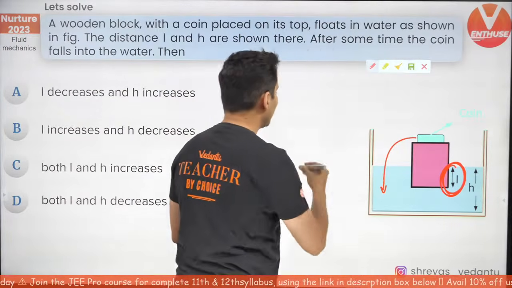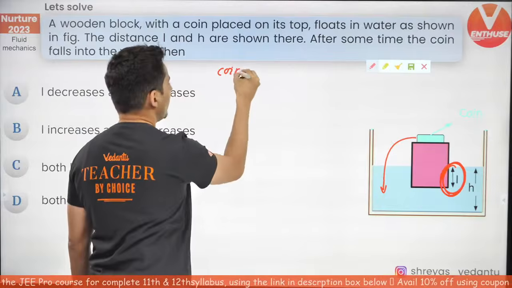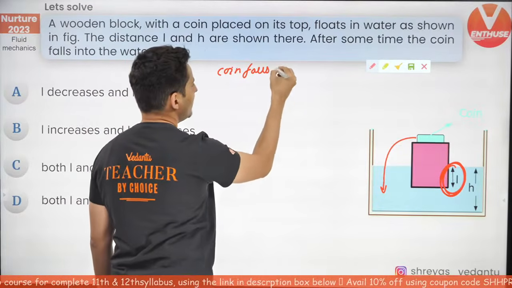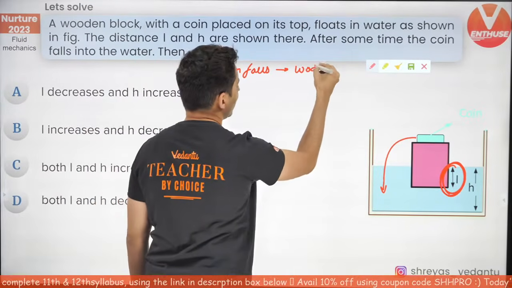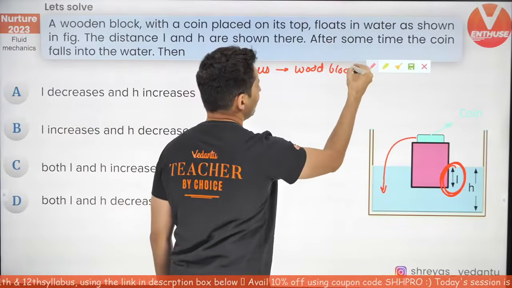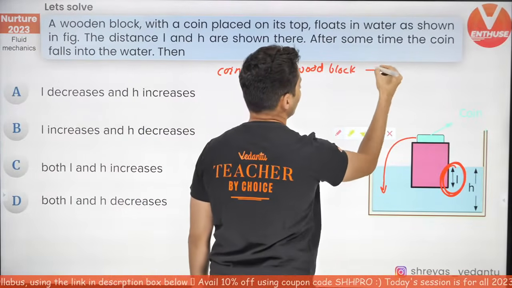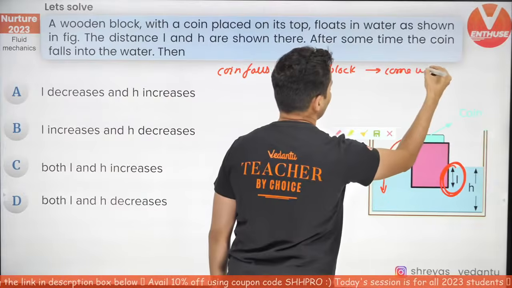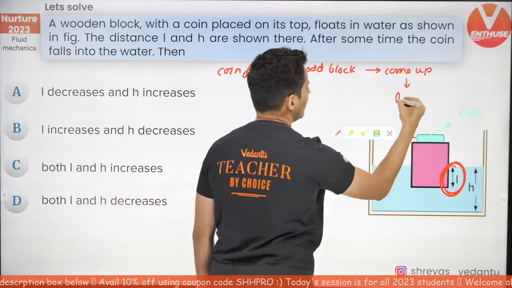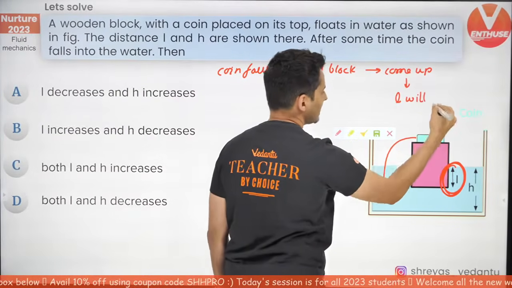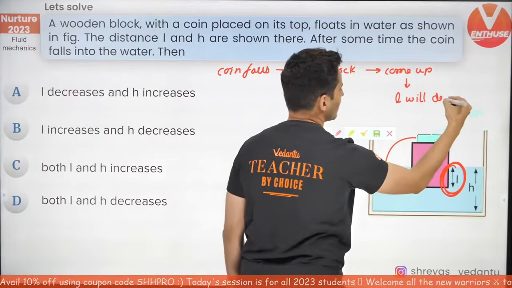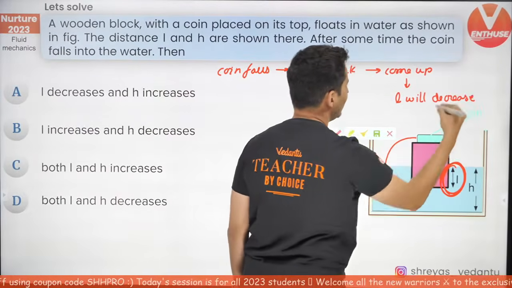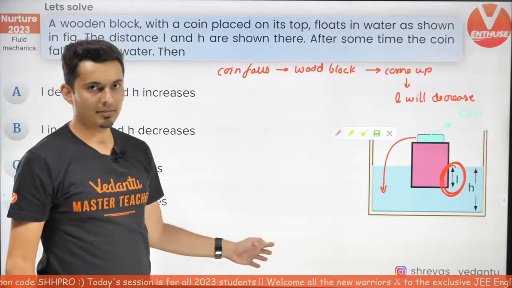It will definitely come up, and the moment it comes up, this length will decrease for sure. So L will decrease. Fair enough.